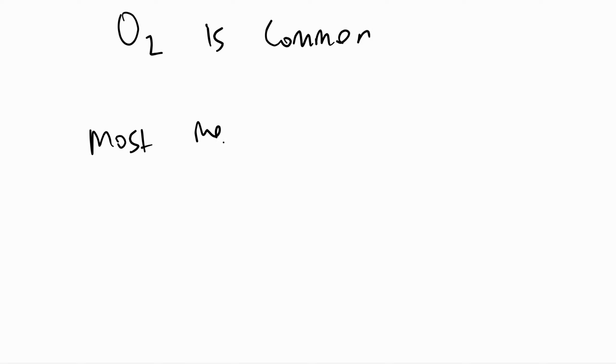Because oxygen is so common in our atmosphere, O2 is basically everywhere, right? We need it to breathe too. As long as the metal is reactive enough, for example, anything but gold, and left long enough, it will most likely have been oxidized.